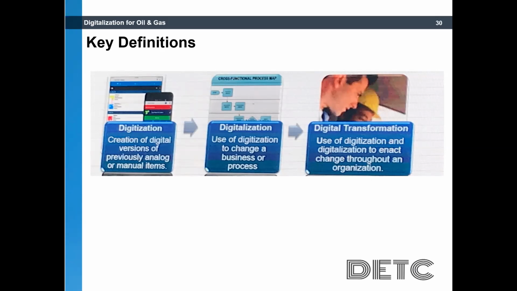And finally, digital transformation is the application of the previous two points, digitization and digitalization, to make a lasting impact over your organization to achieve the ultimate objectives of digital transformation.